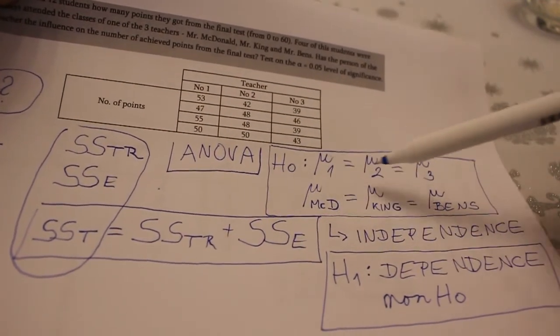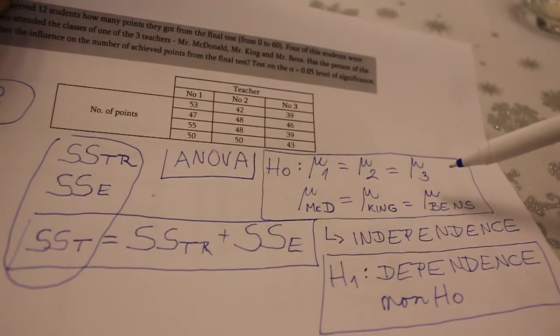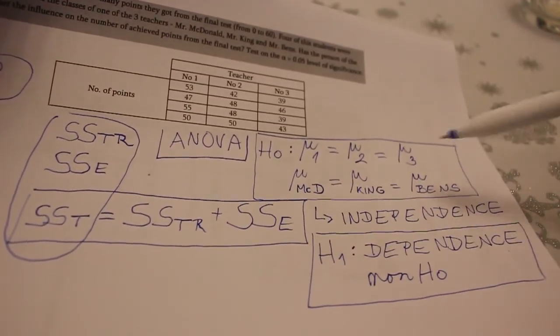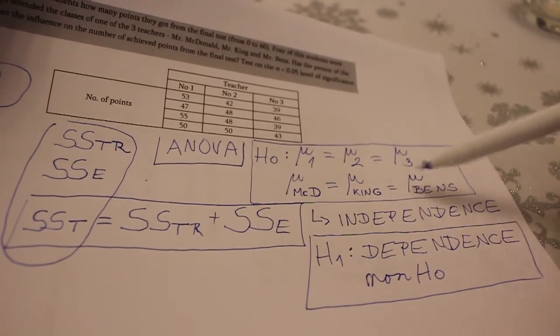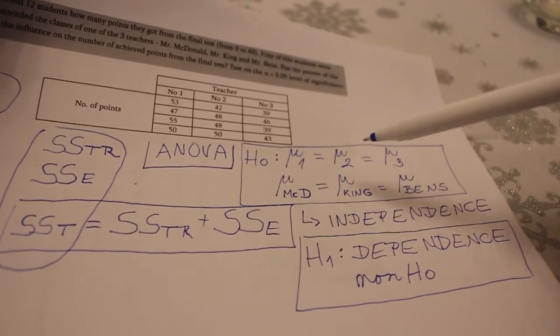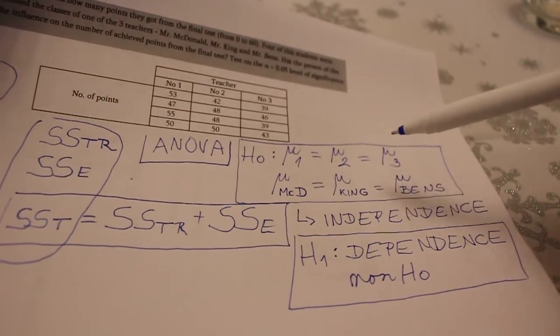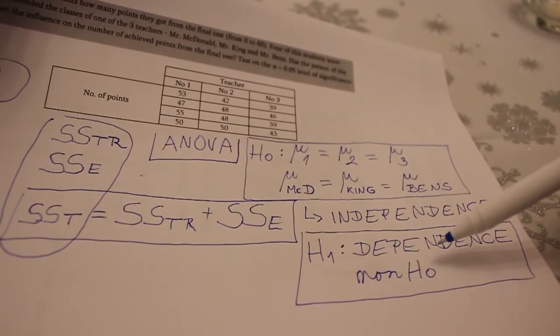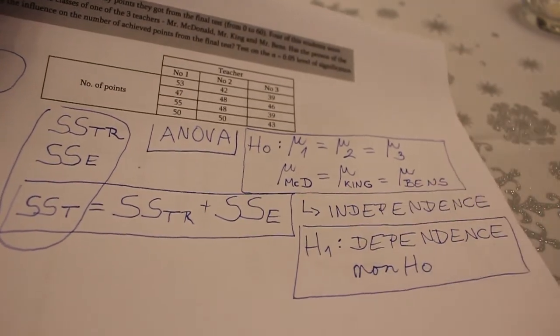So the zero hypothesis is independence, equality of at least three means, and dependence is the alternative hypothesis H1.